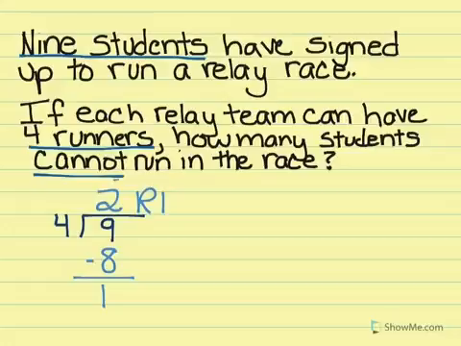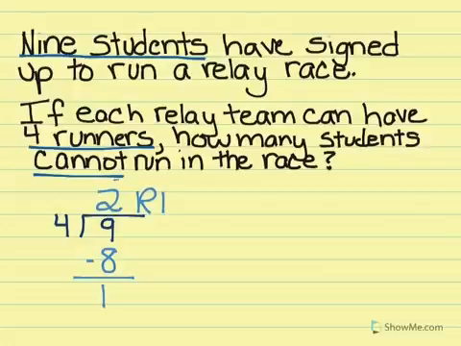I know each team can have 4 runners. So I went ahead and divided 9 students by 4. So that tells me that we could have 2 relay teams, remainder 1.